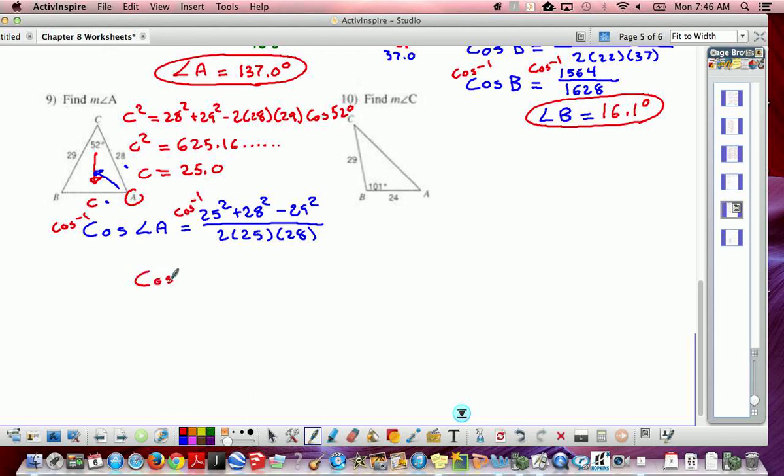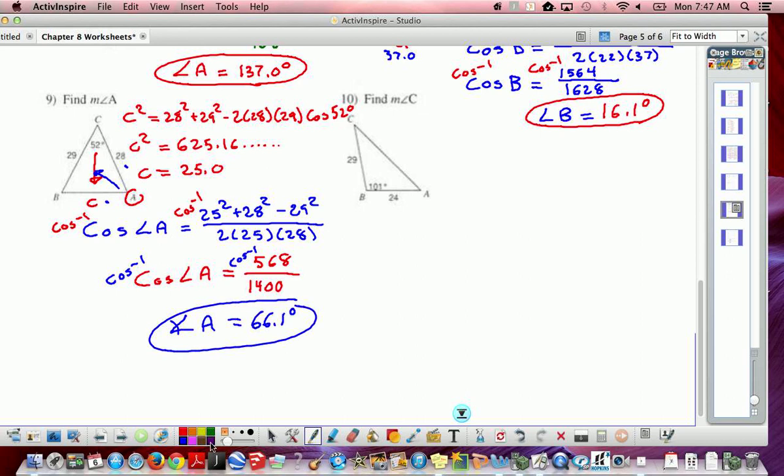I apologize, I kind of jumped ahead here, but the top part will be 568, the bottom part will be 1400. Now when I do cosine inverse, I get angle A to equal 66.1 degrees.